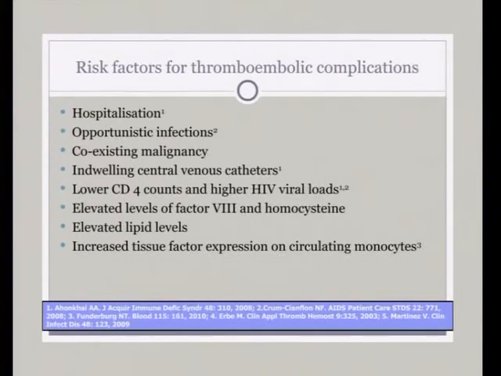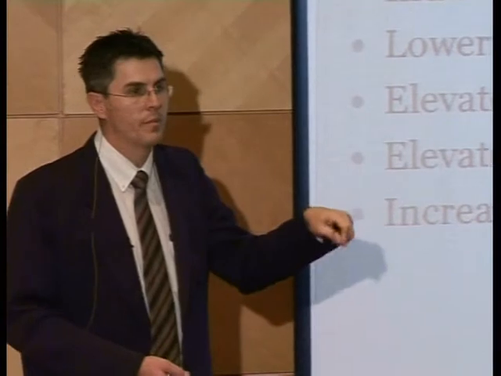And I think this is important because monocytes have tissue factor expressed on the surface, and that tissue factor is thromboplastin. That is the reagent we put into the tube to do a PT test, together with calcium, to clot the blood.